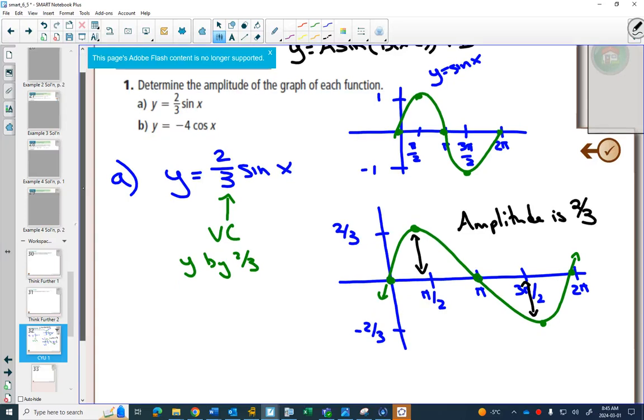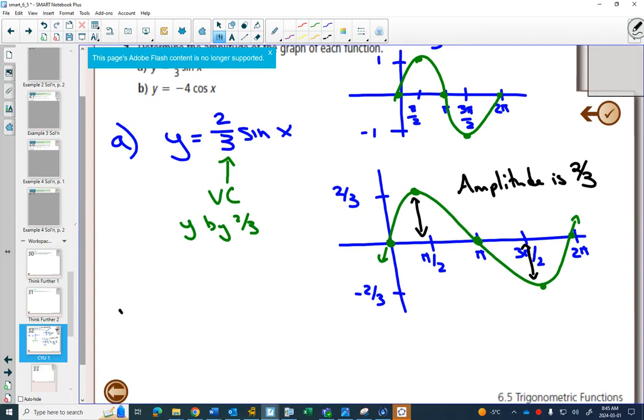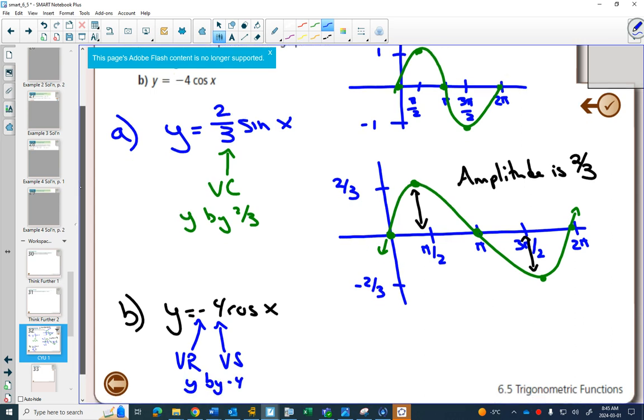So when we get to B, -4 cos. We would recognize that the negative is a vertical reflection, the 4 is a vertical stretch, and you would need to multiply your y values by -4.